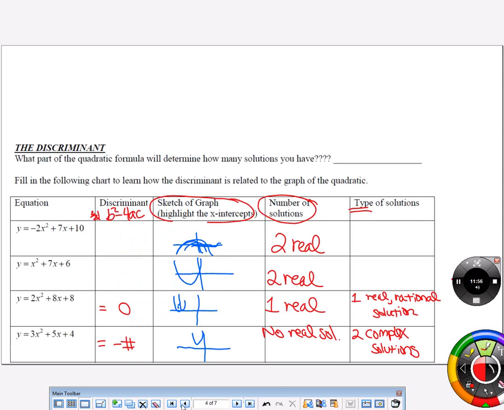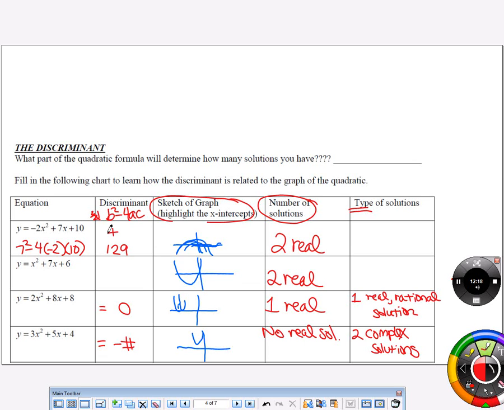So looking back here, if I calculate the discriminant for this real quick, 7 squared minus 4 times negative 2 times 10. Okay? So that's 49 plus 80. So it's 129.